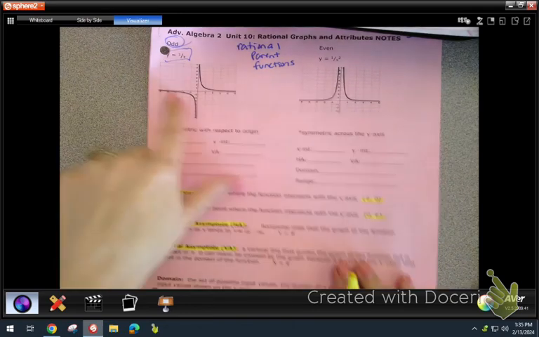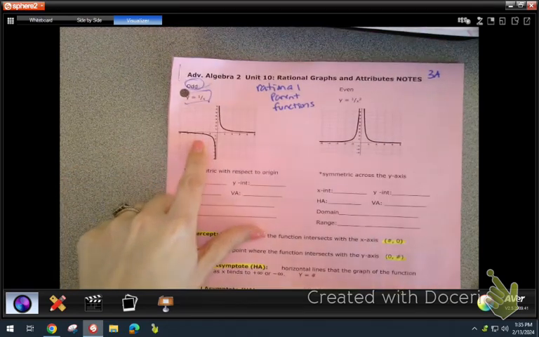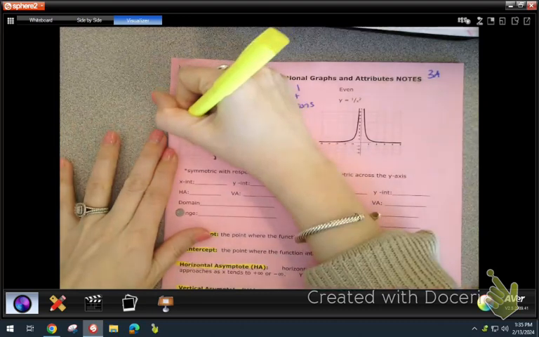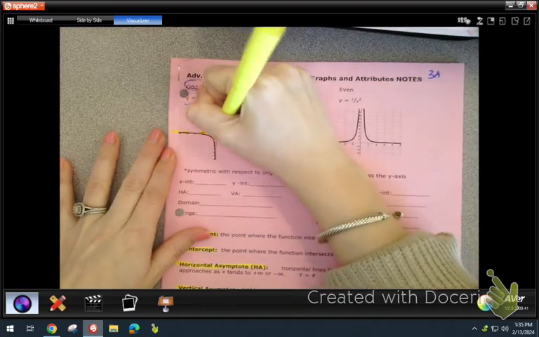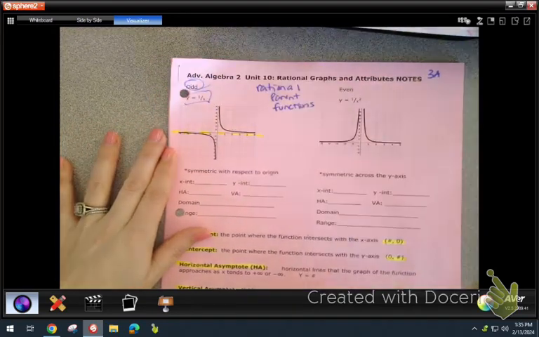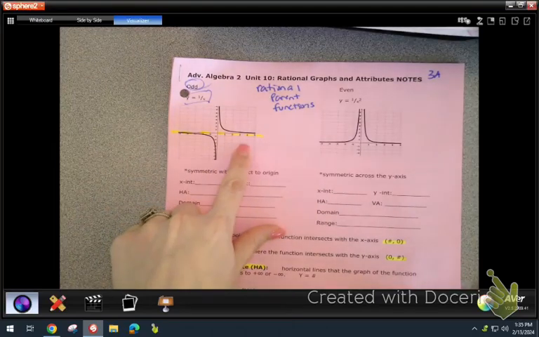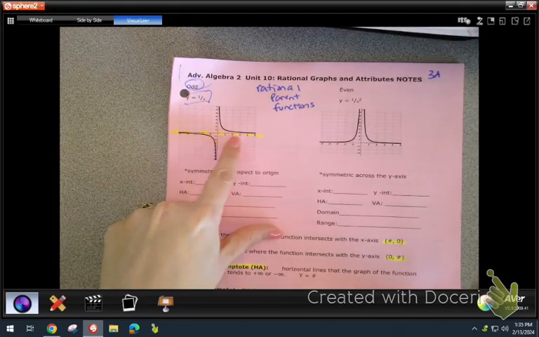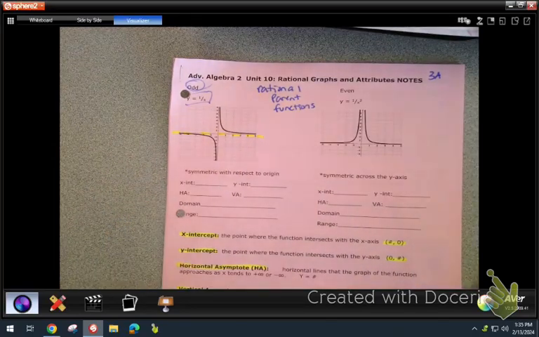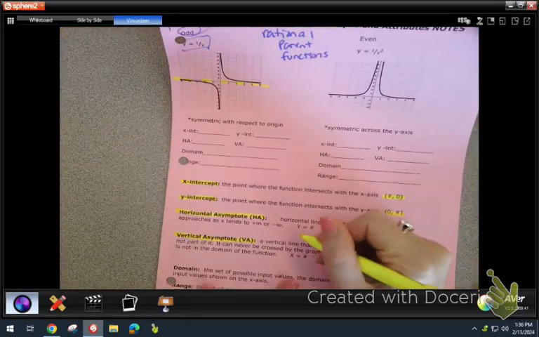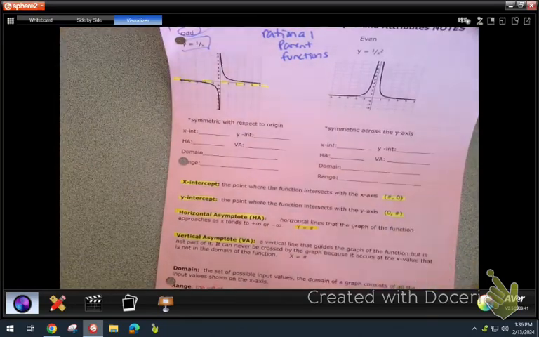I'll look at this parent function right here, and I can see that my boomerang shapes are leveling off towards the x-axis. So that line represents my horizontal asymptote. Now, we have to write it as a line. These are written as y equals, and then whatever number you're leveling off towards.